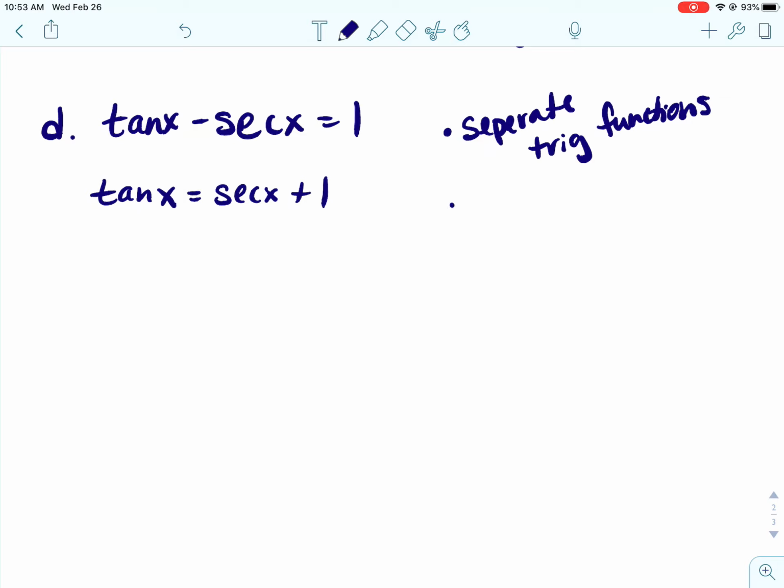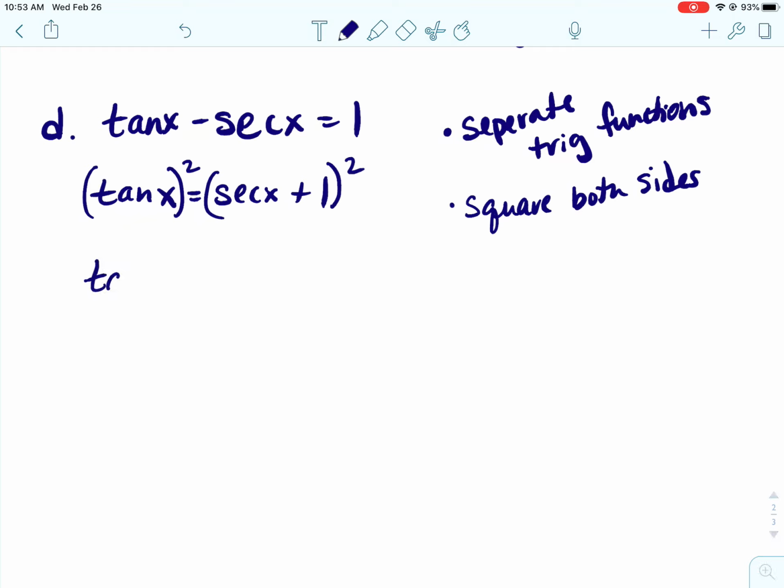All right, and so I do want to use that Pythagorean identity. So I'm going to square both sides. Okay, so that's going to give us tangent squared of x.